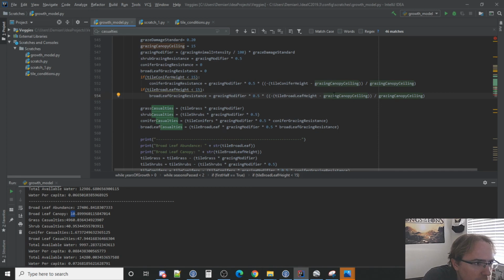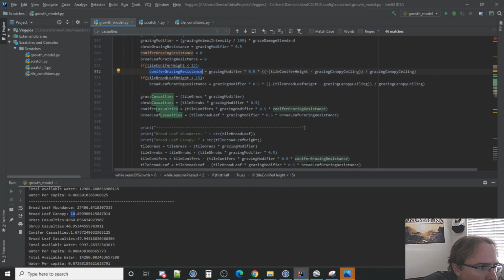Times 0.8, times 0.2. Weird. Not for grazing resistance. Okay. I see where the problem is. No, I double.